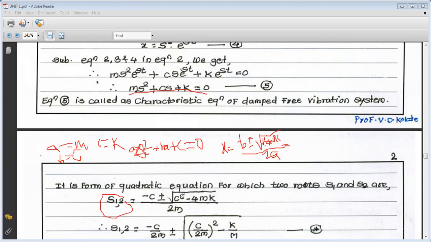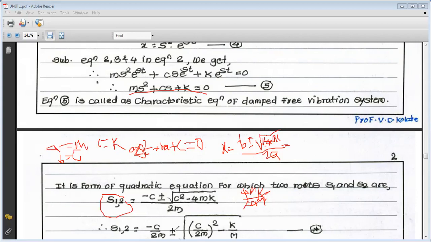So that is nothing but c square upon 4m square minus... Now this 4mk upon 4m square, inside the square root. So what will happen? The 4 gets cancelled, m gets cancelled. So what remains inside is k by m.